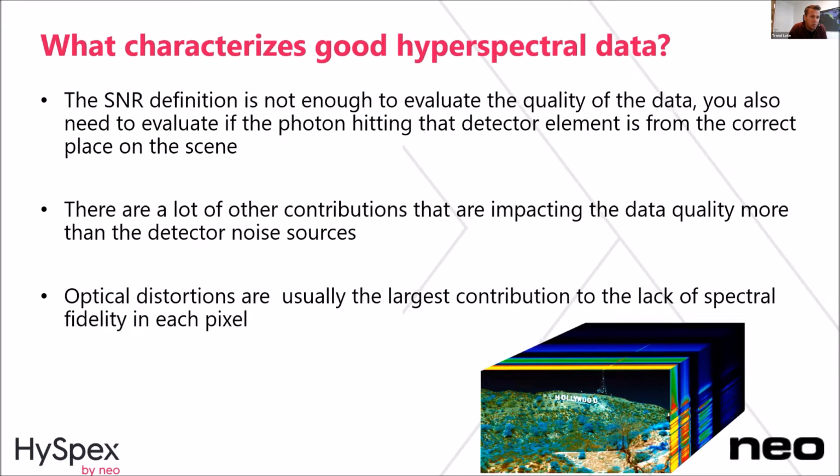You also need to evaluate if the photon that actually reached your pixel is supposed to be there. Is it from the correct place in the scene? That's where the big adder starts to come into your data. There are a lot of other contributions that impact the data quality more than the detector noise sources. And optical distortions are usually the largest contribution to the lack of spectral fidelity in each pixel.